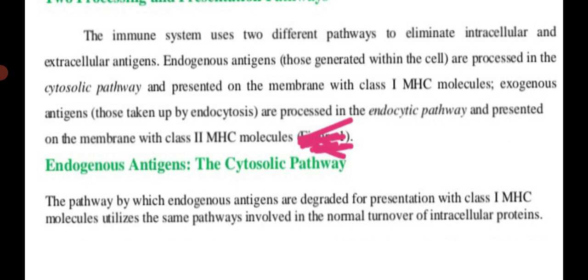The class I molecules are expressed by nucleated cells, whereas the exogenous antigens, those taken up by endocytosis, are processed in the endocytic pathway and presented on the membrane with a class II molecule, and the class II molecules are expressed by antigen presenting cells, for example B cells, dendritic cells and macrophages.